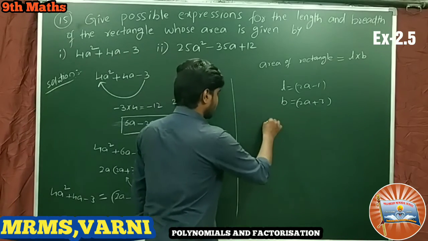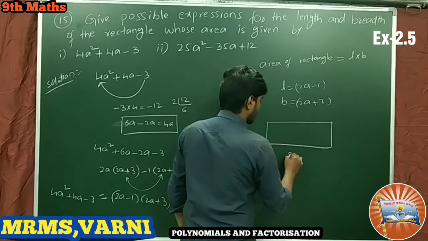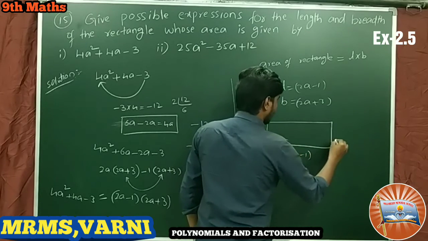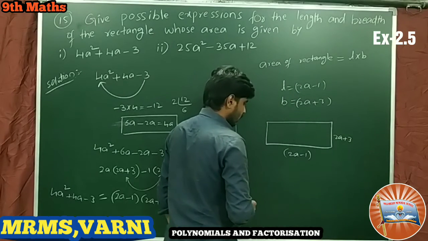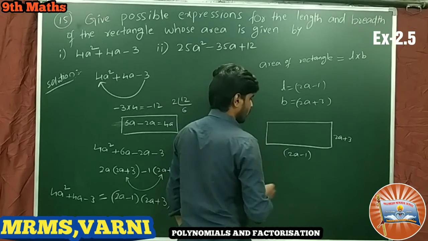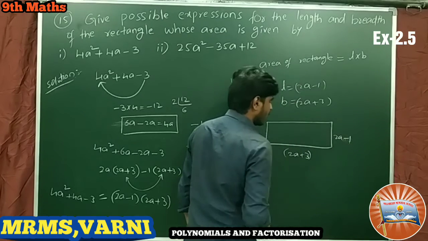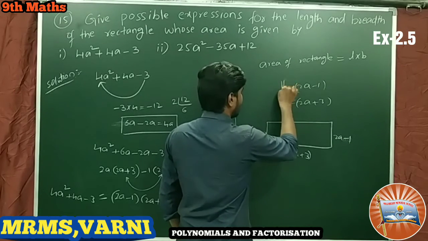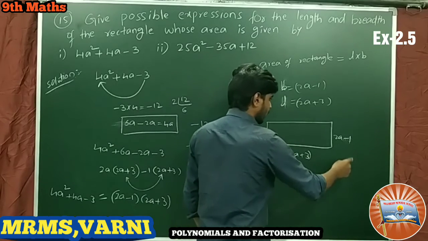So it is a rectangle. This is 2a minus 1 and this is 2a plus 3. Take this as length, take this as breadth.